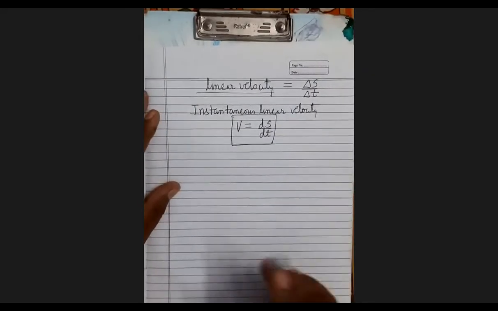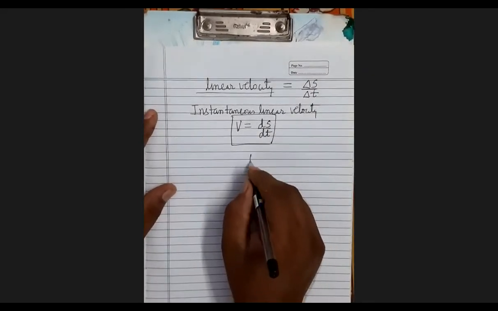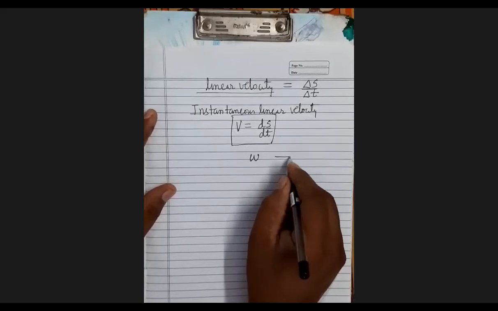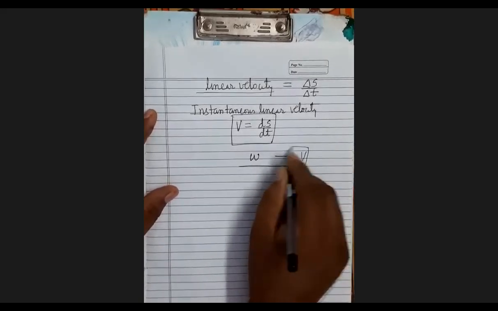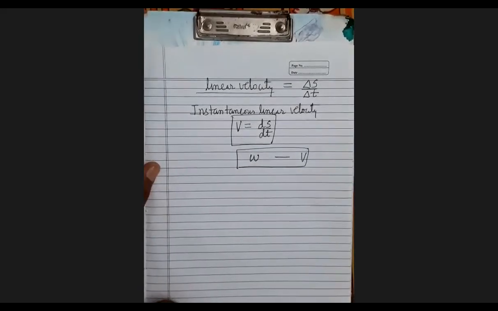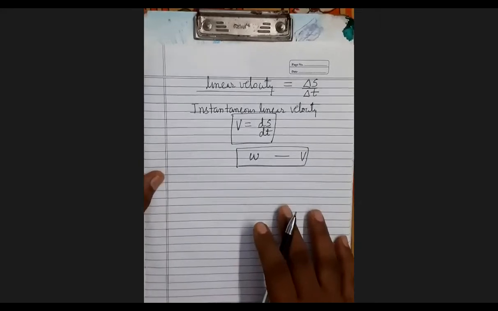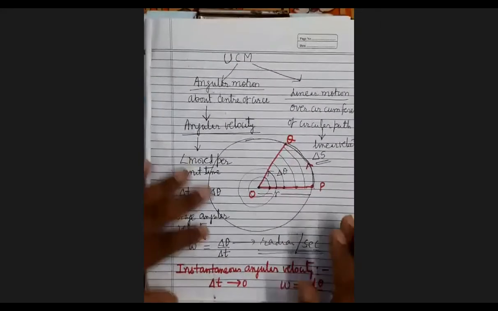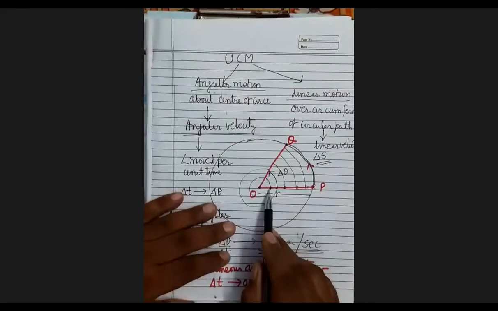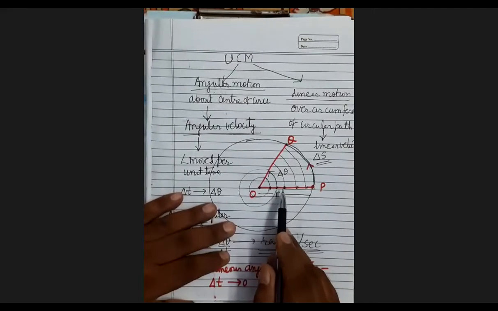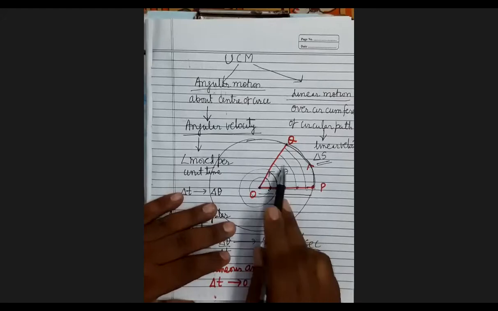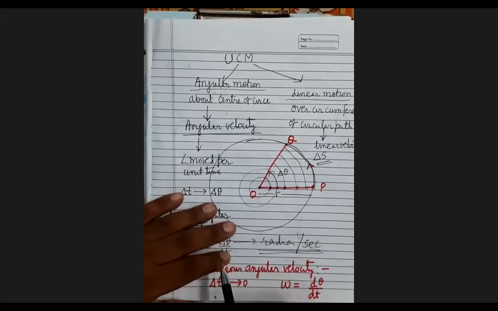Now I am going to deduce a relation between omega and v. What is the relation between v and omega? If you see here, you will find that all the particles, whether it is particle number 1 or 2, 3, 4, 5, all are moving by the same angle in a given time.